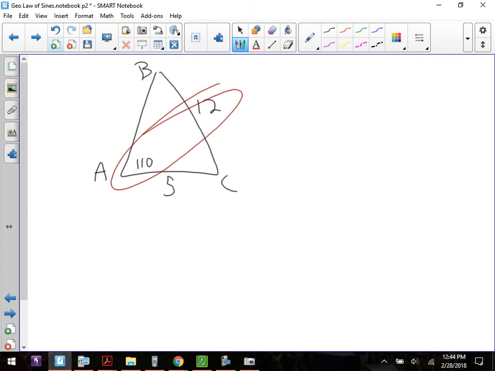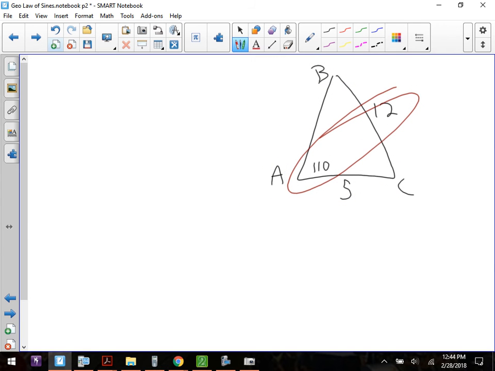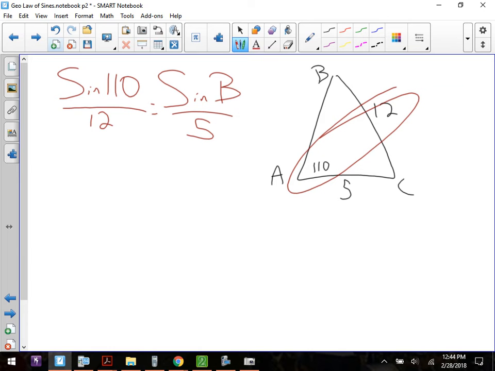So what we're going to do from that is use it to figure out what angle B is, because we know its opposite. So we start out: sine of 110 is to its side opposite, sine of B is to 5.